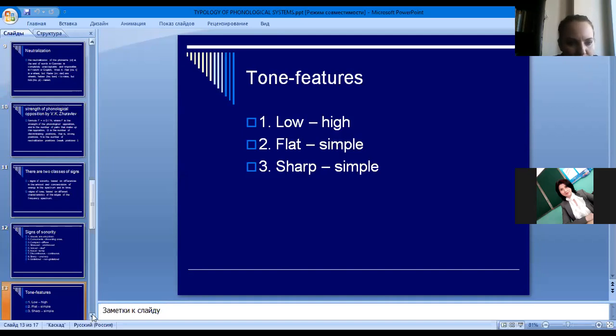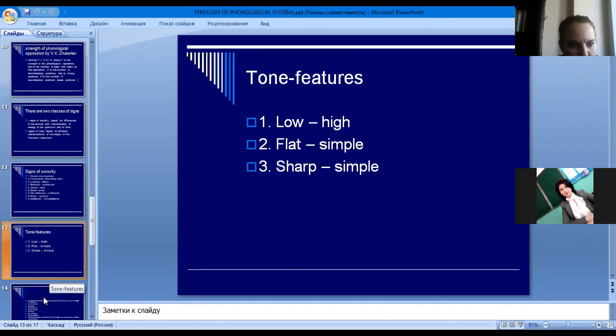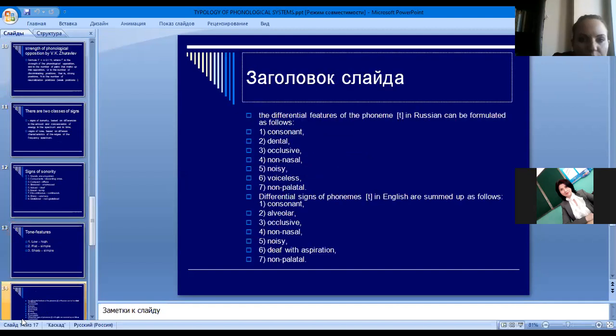The above 12 distinctions or differential features are not found in full in any of the known languages.